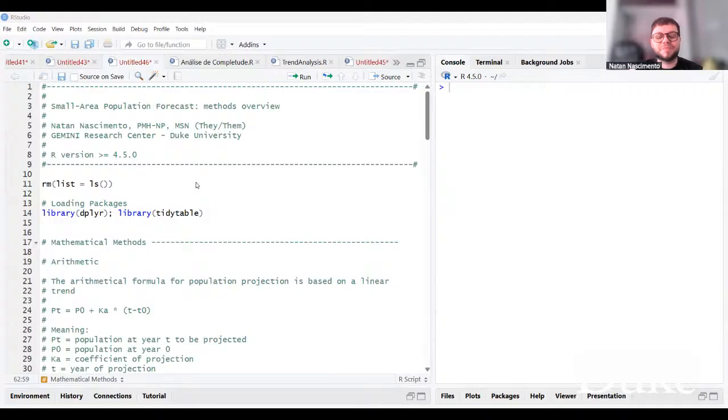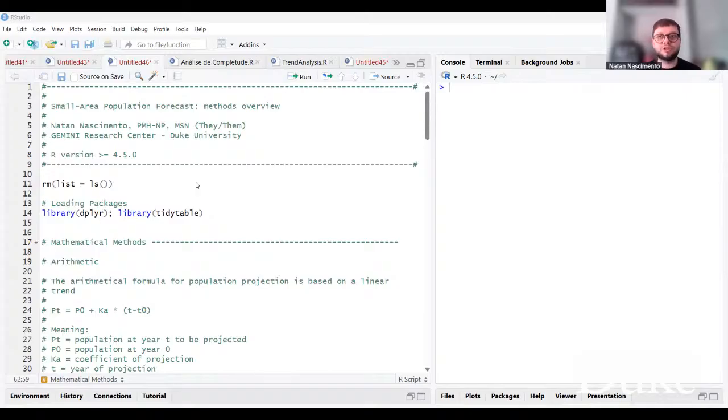Okay, thank you. So today the idea is to put in practice what I explained last week, which is small population forecast. I explained a couple of methods that can be used for population forecast or population projection. The best term is projection, but anyway.